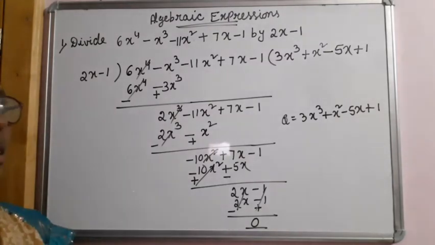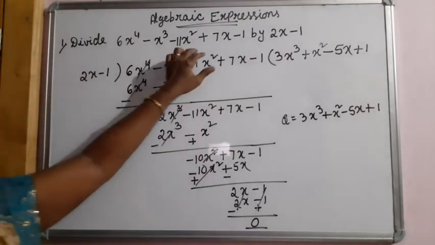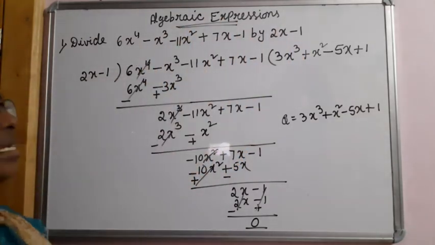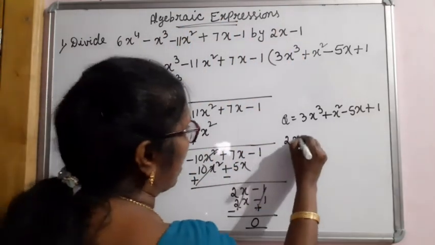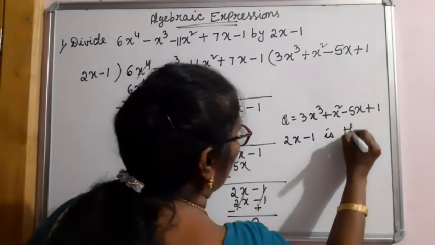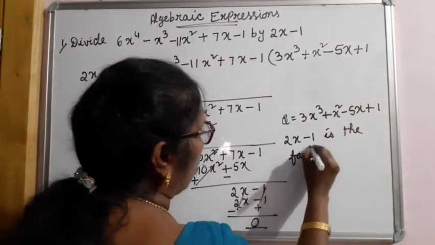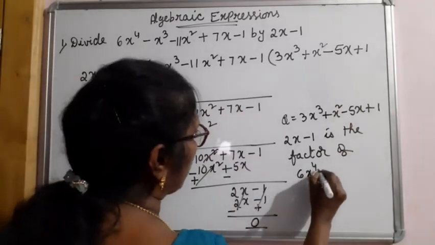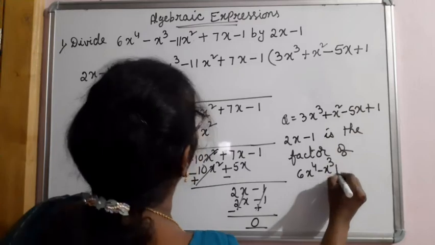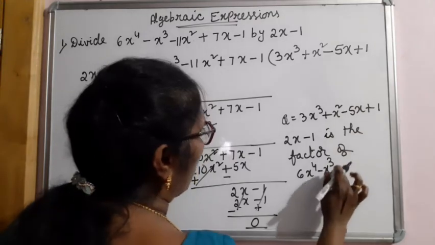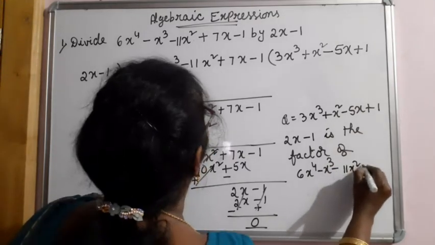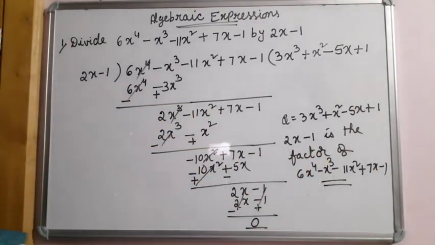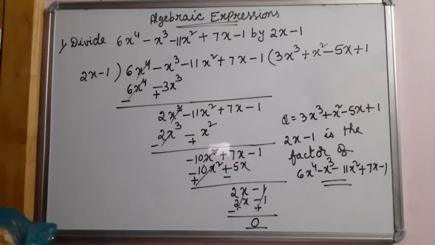If the question asks whether the divisor is a factor, yes, 2x minus 1, the divisor, is a factor of the given polynomial 6x to the power 4 minus x cube minus 11x square plus 7x minus 1. If the question asks, you have to answer like this.